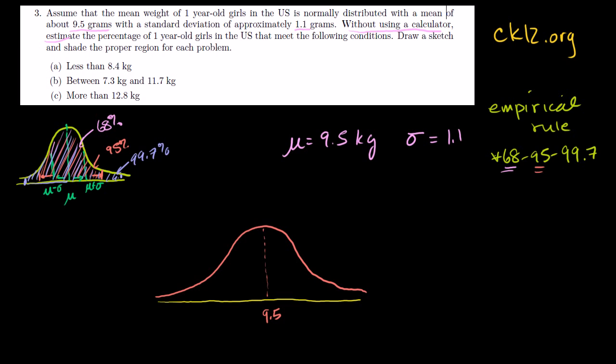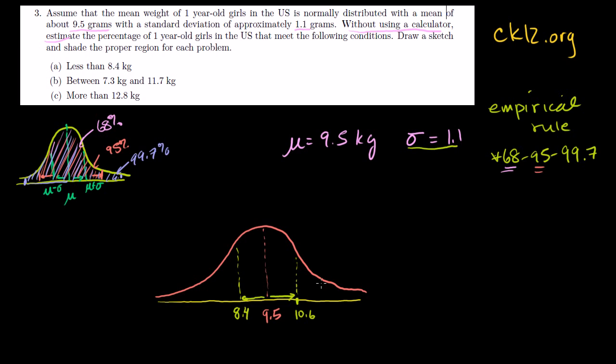9.5 is the mean. I won't write the units. It's all in kilograms. One standard deviation above the mean, we should add 1.1 to that, because they told us the standard deviation is 1.1. That's going to be 10.6. Let me just draw a little dotted line there. One standard deviation below the mean, we're going to subtract 1.1 from 9.5, and so that would be 8.4.